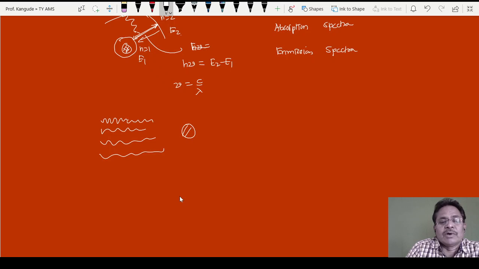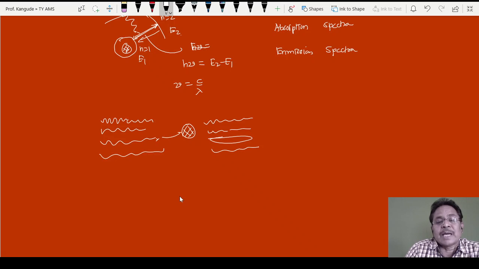This is the nucleus or atom, and this atom gets excited. Some of the radiations are absorbed, and one of the radiations is found to be absent here, which means it is absorbed by this.